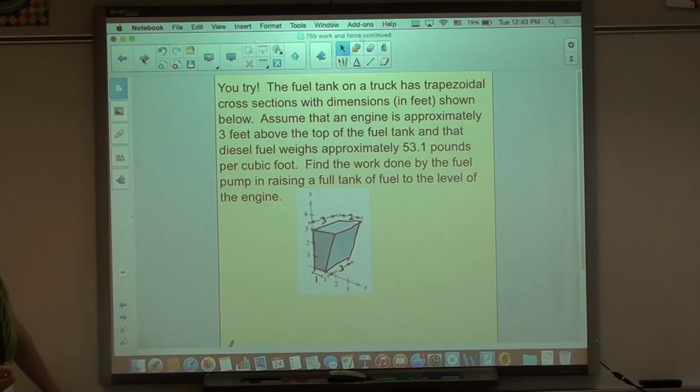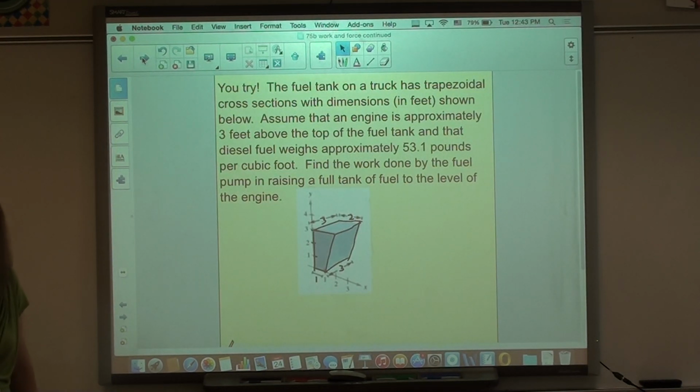Find the work done by the fuel pump in raising a full tank of fuel to the level of the engine. So we have a full tank. We're going to empty the tank and pump the fuel up to an engine that's 3 feet above the tank.